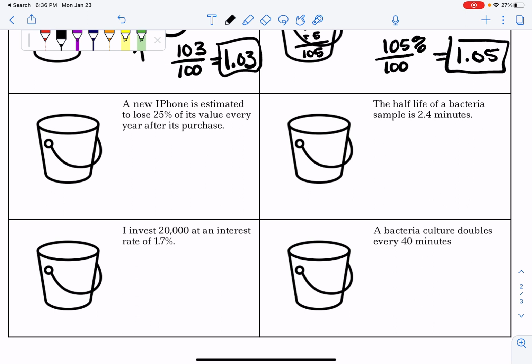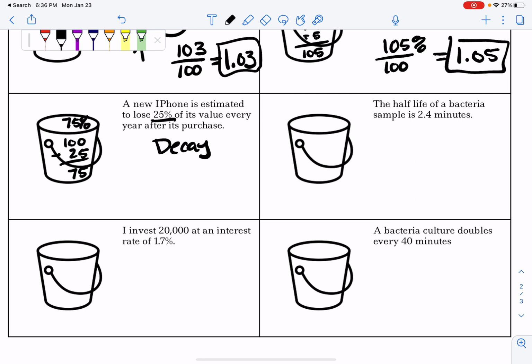If you get an iPhone, it's going to lose approximately 25% of its value every year. That's a bummer. That sounds like loss or decay. If we're doing decay, we're starting with 100%, but now we're losing value. What are we losing? 25%. When we subtract, that gives us 75% left.